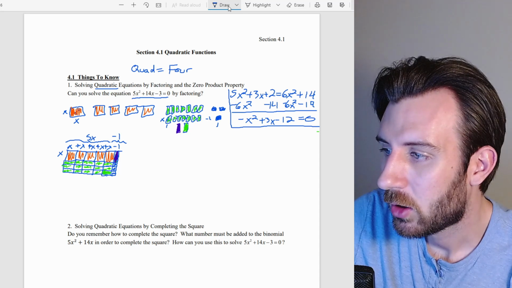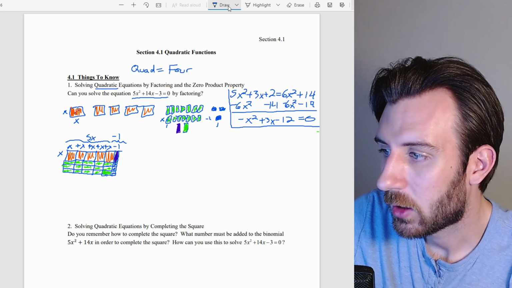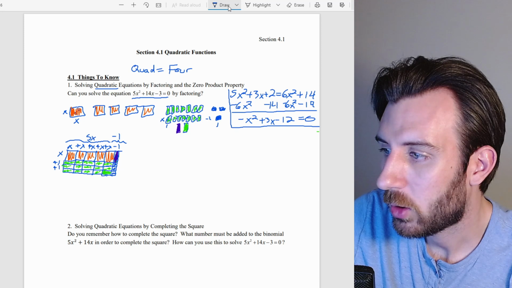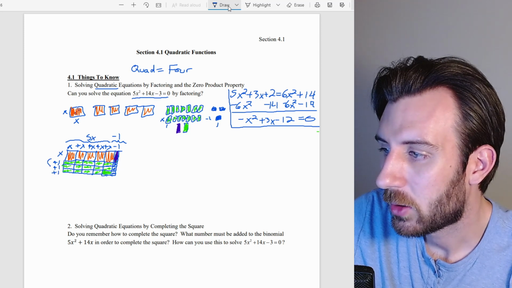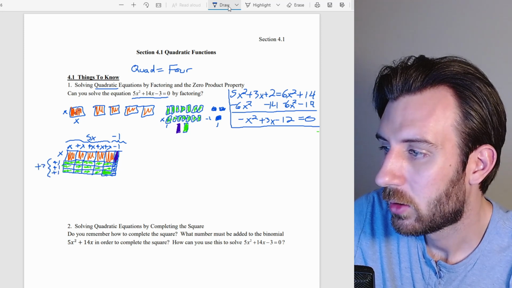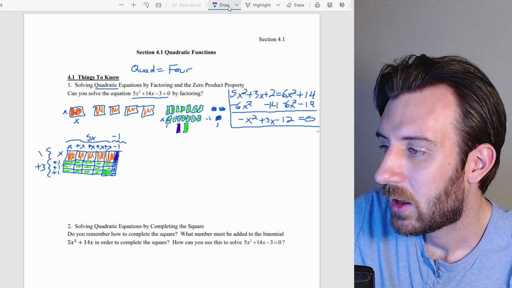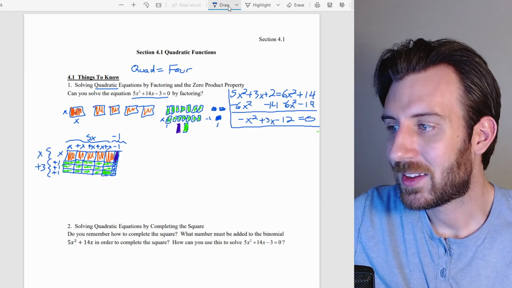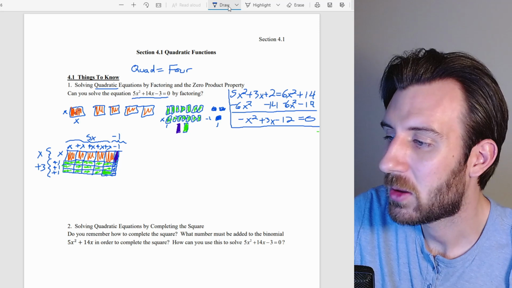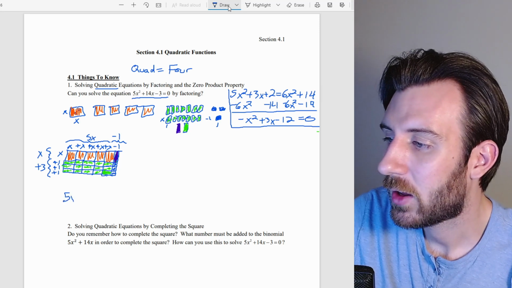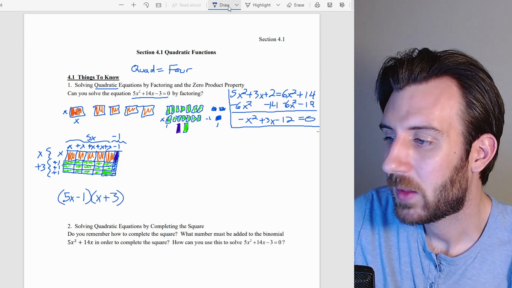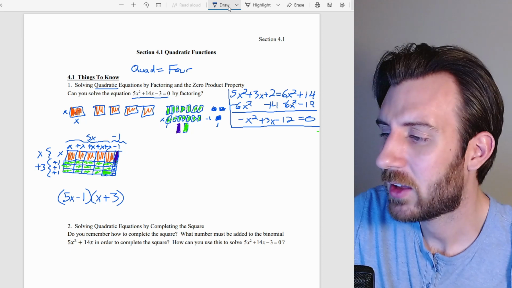And then I had 3 normal groups. So I had a +1, a +1, and a +1 that got me 3 total. So I have +3 and an x. And what's really interesting is that we can look at this entire thing and say that this can be thought of as a 5x minus 1 by x plus 3 rectangle.